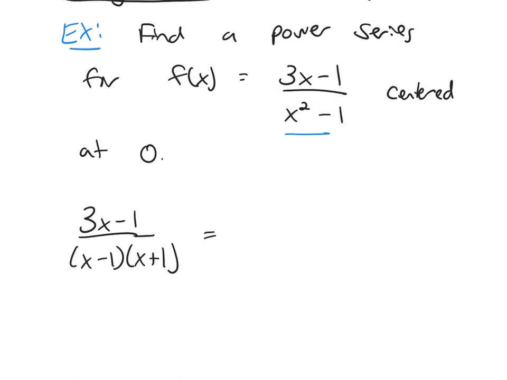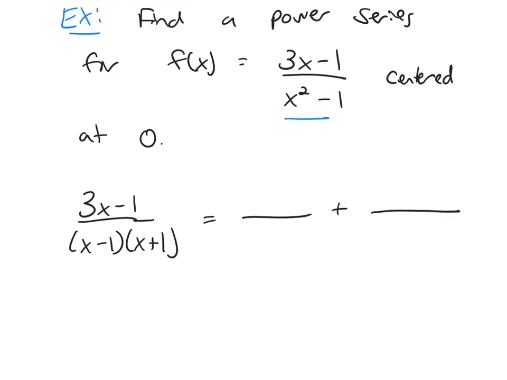So now let's set up our partial fractions. You're going to have two fractions. And what are those fractions going to be? An A over x minus 1 and a B over x plus 1.